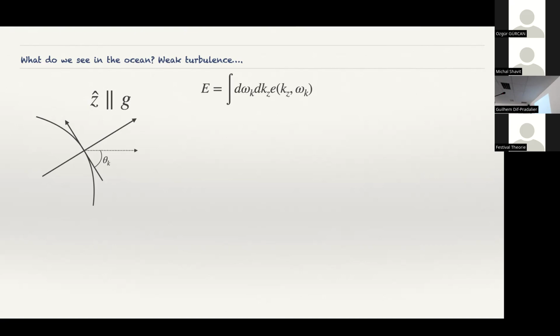So in order to capture this part of the energy density, what is measured in the ocean is the energy density in different variables: in kV, the vertical wave number, and in frequency.